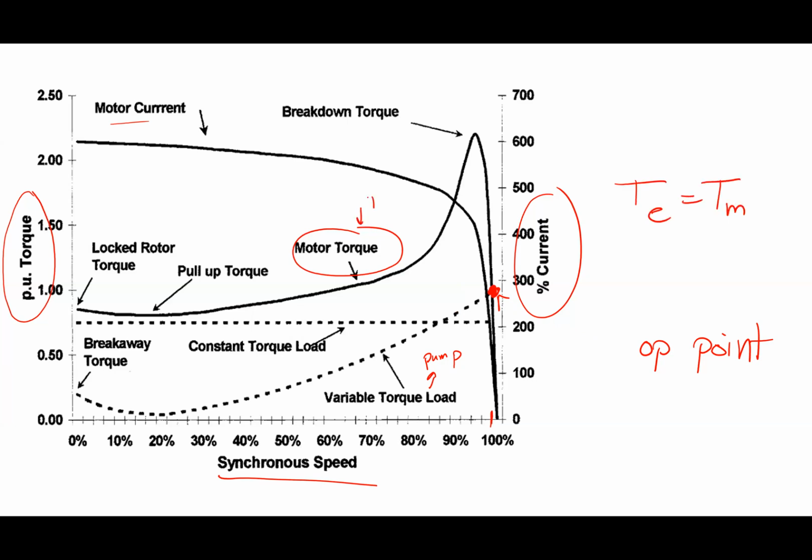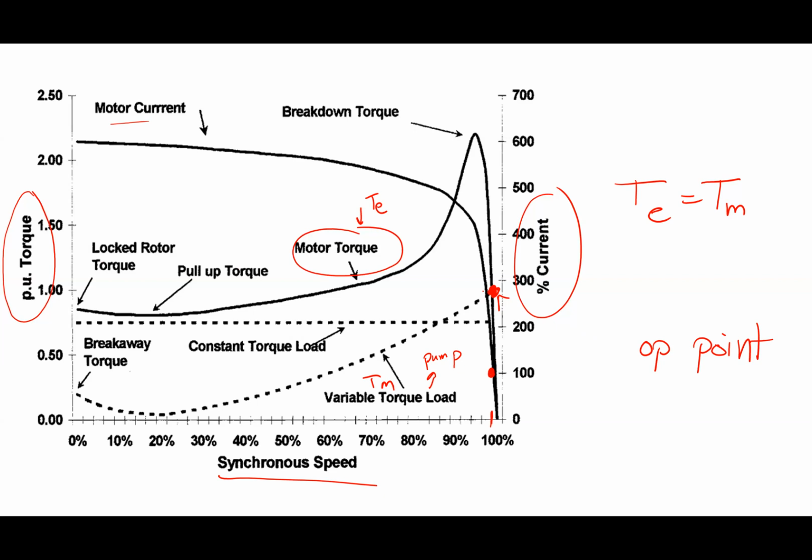I can think of this as TE and this as TM. Where those intersect is my operating point. If I look at my current curve, at this particular speed my current's down here. So I'm at 100% current when my torque is at 100%. That's the basic operating principle of this thing.